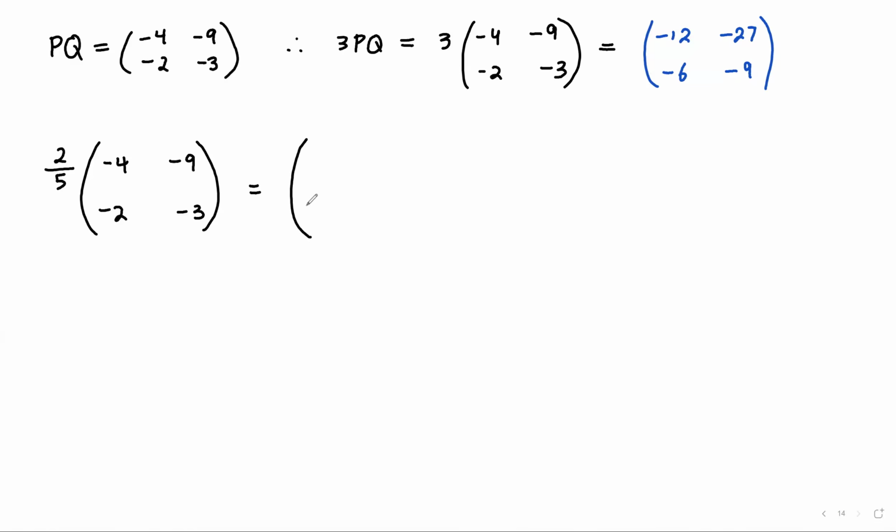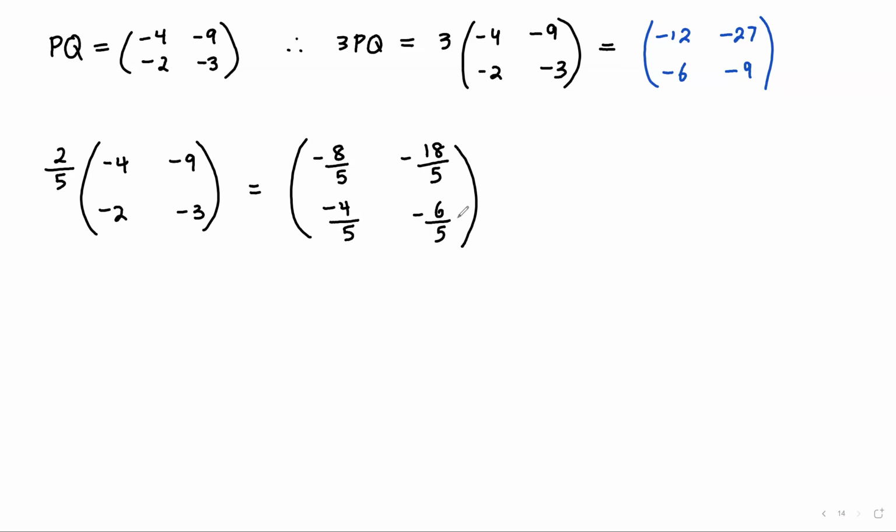So this would be 2/5 times -4, so that'll be -8/5. You're just going to be multiplying numerators, right? -9 times 2/5 will be -18/5. -2 times 2/5 will be -4/5.